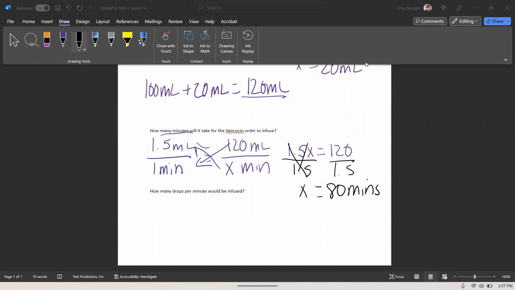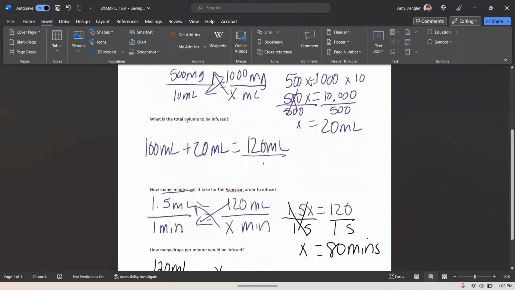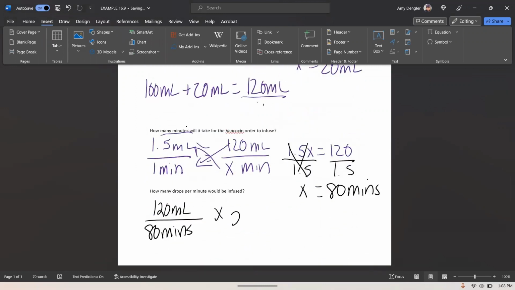How many drops per minute would be infused? So remember, our drip rate problems are volume over time. So our volume is our 120 ml. Our time is our 80 minutes. We're going to multiply that by the drop factor, which is 20 drops per milliliter.